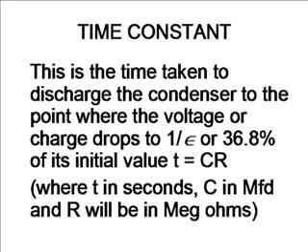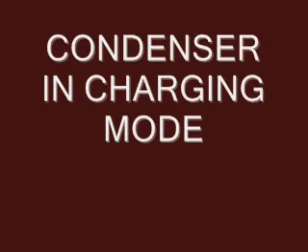This is the time taken to discharge the condenser to the point where the voltage or charge drops to 1/e, or 36.8% of its initial voltage. T = CR, where T is in seconds, C is in microfarads, and R is in megohms.